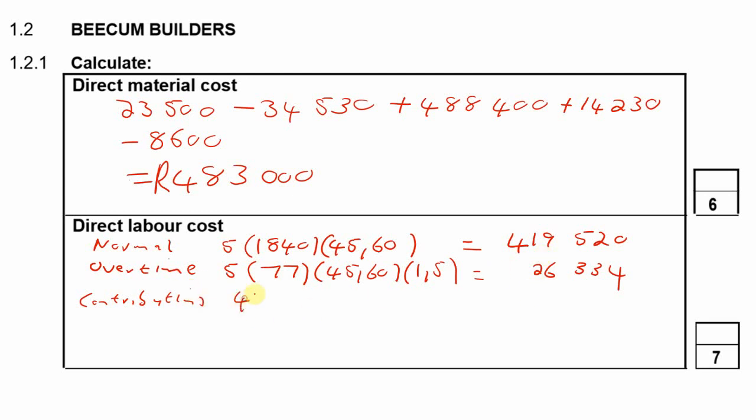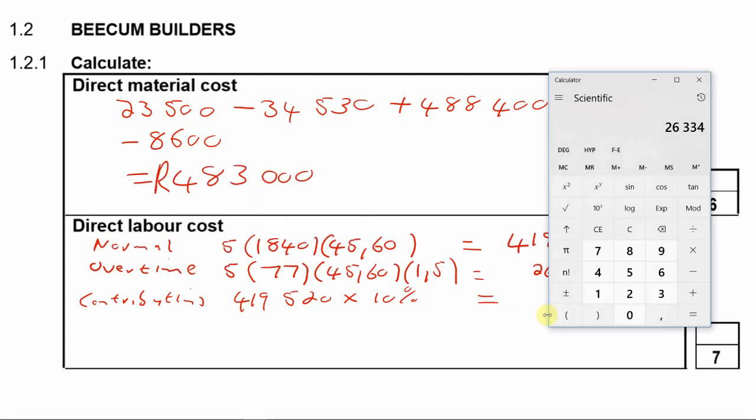So it will be the 419,520 times 10%. So we have 419,520 times 0.1. Actually, you don't need a calculator for this. Okay, so it's 41,952 Rand.